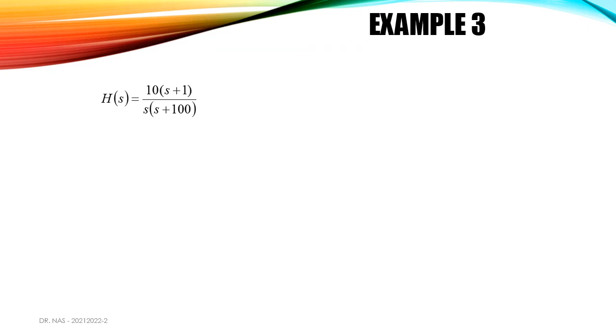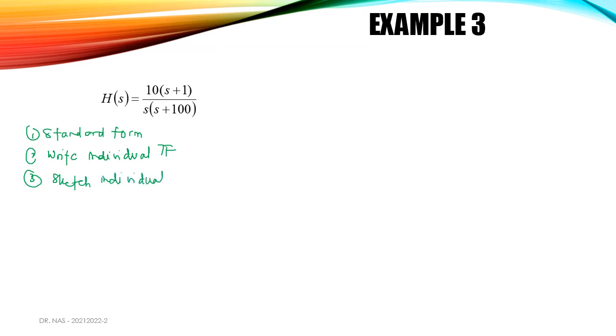Okay, let's have another example, example 3. As usual, you need to write the equation in standard form. Secondly, you need to write the individual transfer function, and thirdly, you need to sketch the individual transfer function or frequency response.